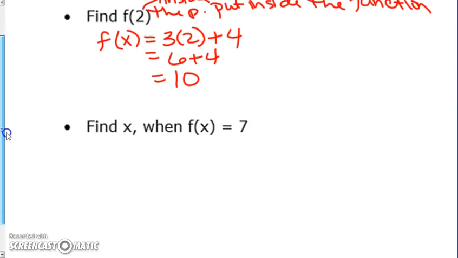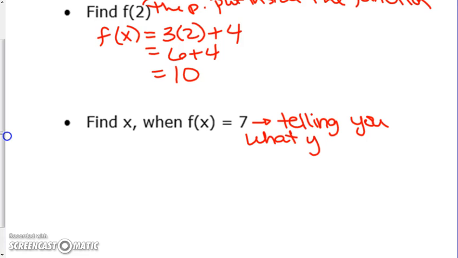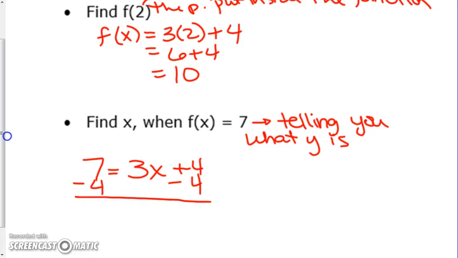The second example is find x when f of x equals 7. It's telling you what y is. So 7 equals 3x plus 4. So we're going to do minus 4, minus 4. 3 equals 3x. Divide by 3, divide by 3. So x equals 1.